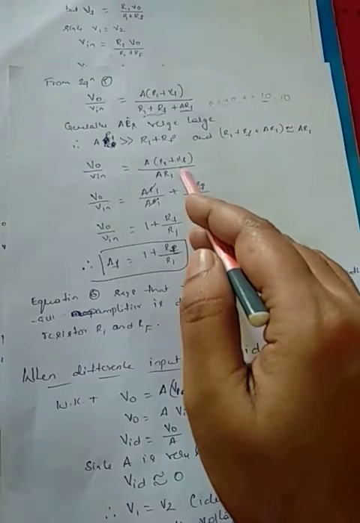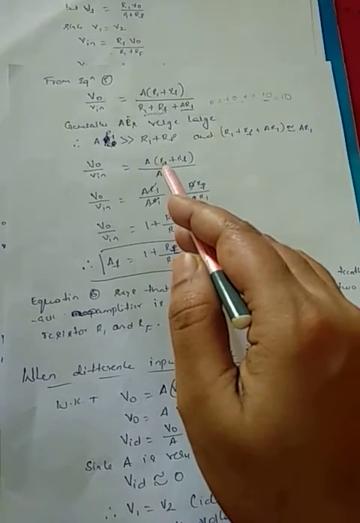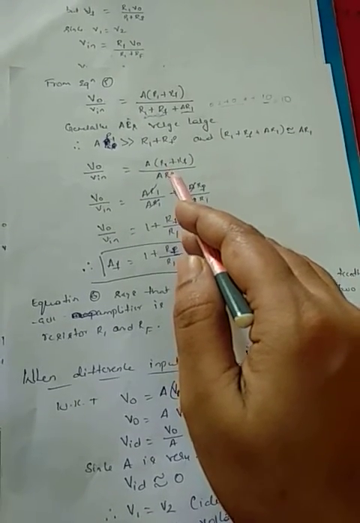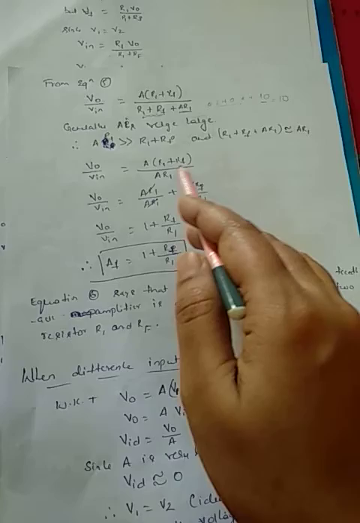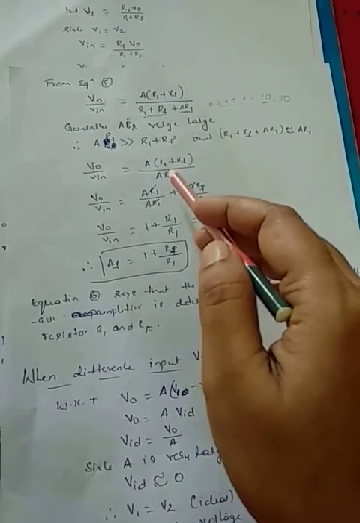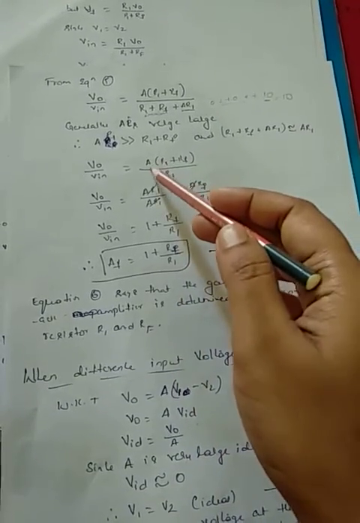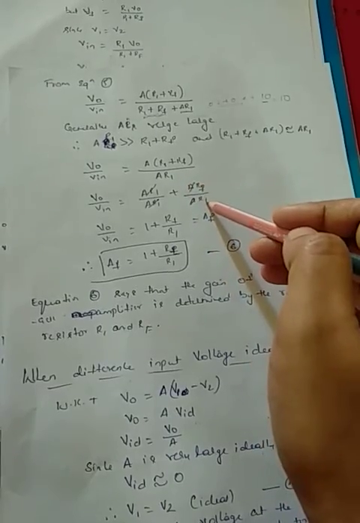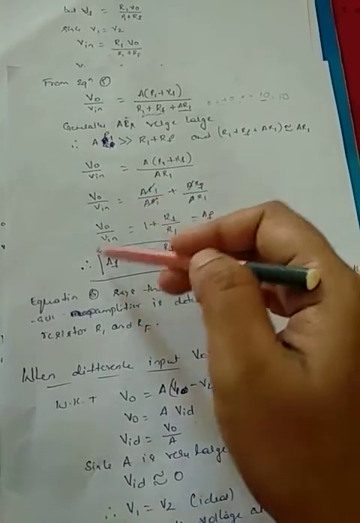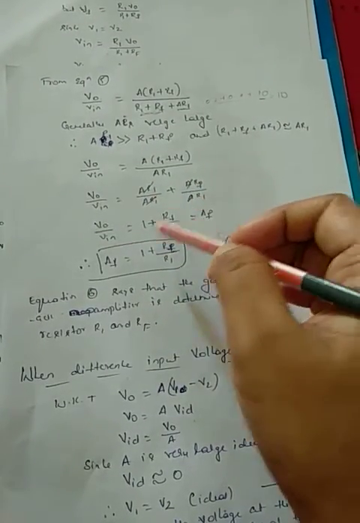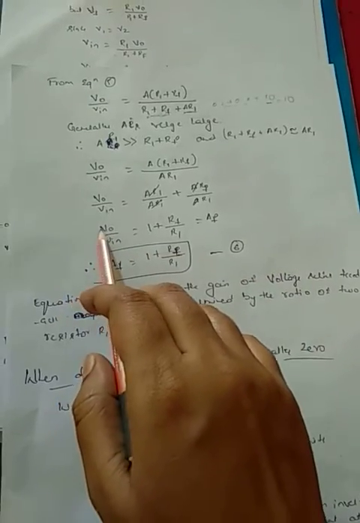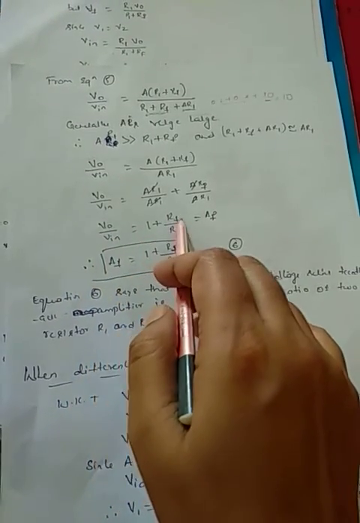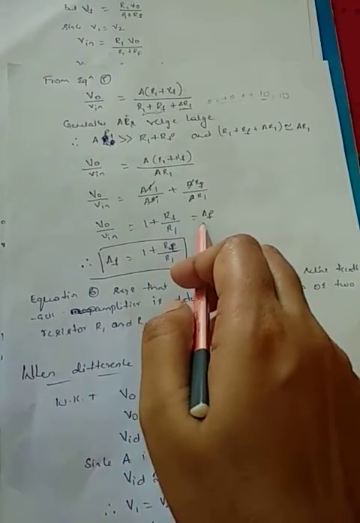So on solving, A R1 is very much greater than A Rf also. I have taken A R1 divided by A R1 plus A Rf divided by A R1. So A R1 gets cancelled, and A gets cancelled. So we have got V naught by Vin is equal to 1 plus Rf divided by R1, which is AF.